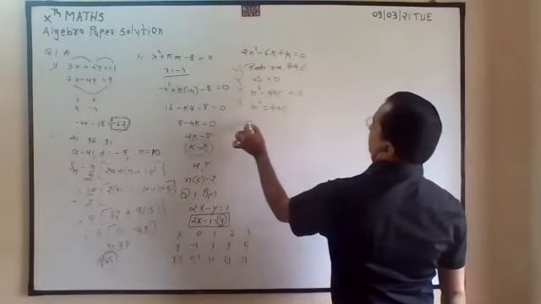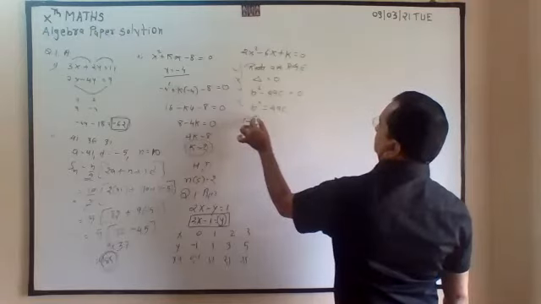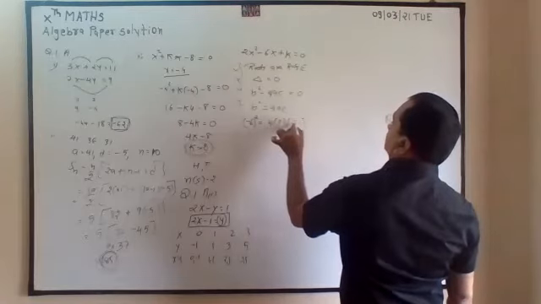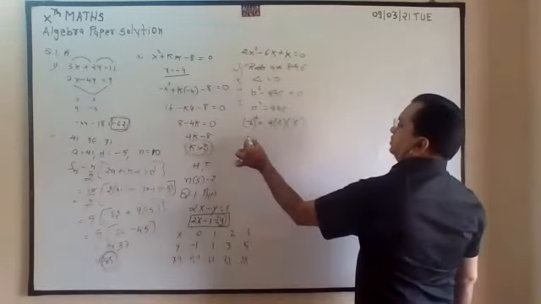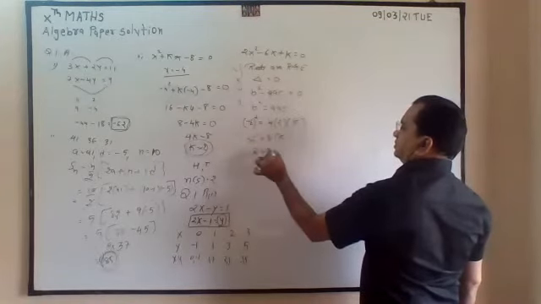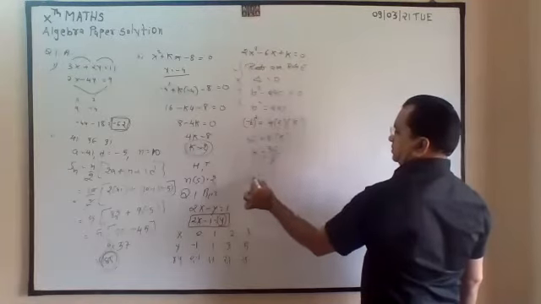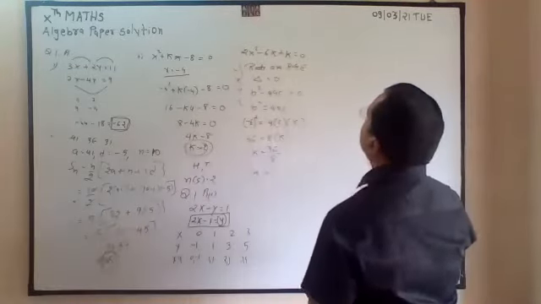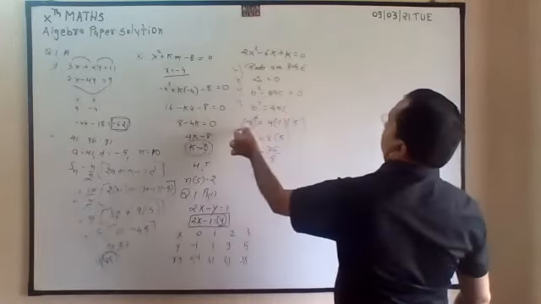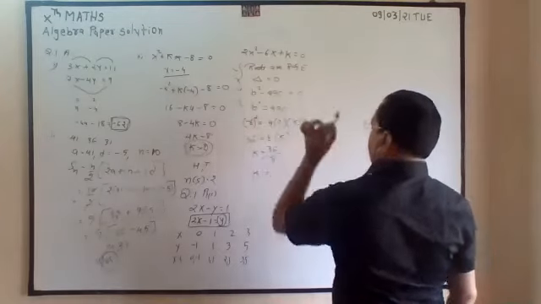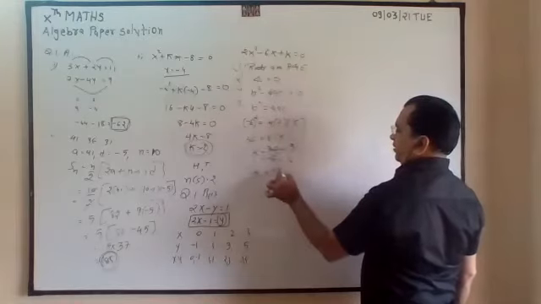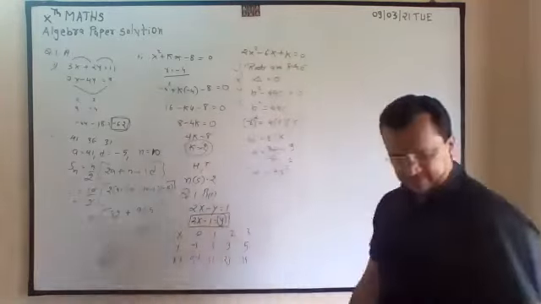So b square, b means minus 6 square. 4ac. 6 sixes are 36. b square minus 4ac. Correct. 4 twos are 8, 4 nines are 36. So it is 4.5 or 9 by 2 also you can write.